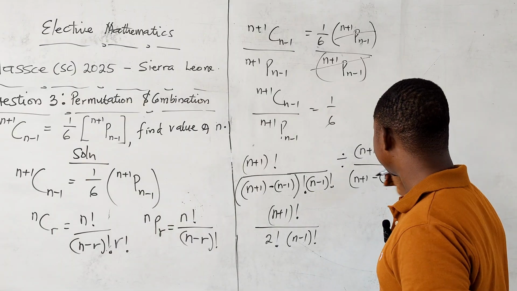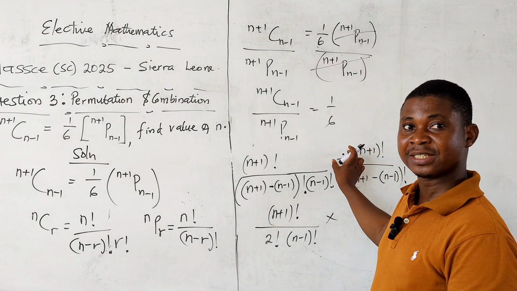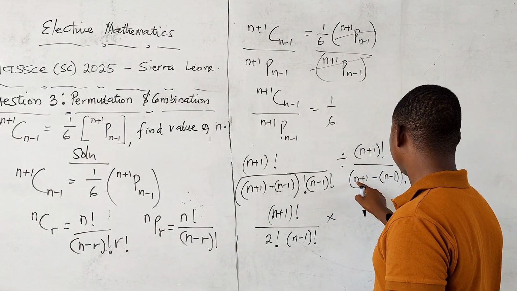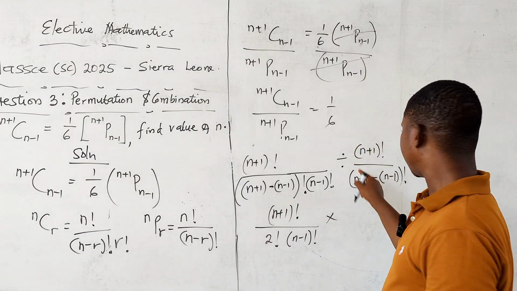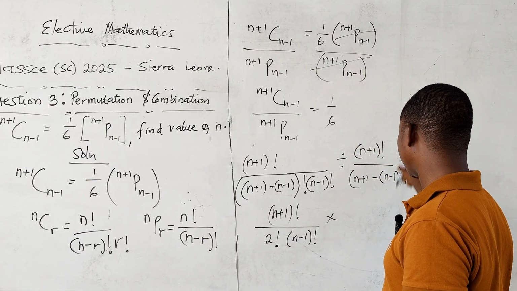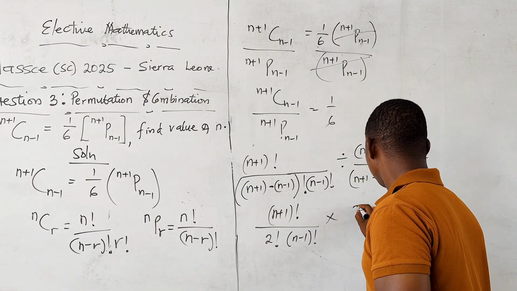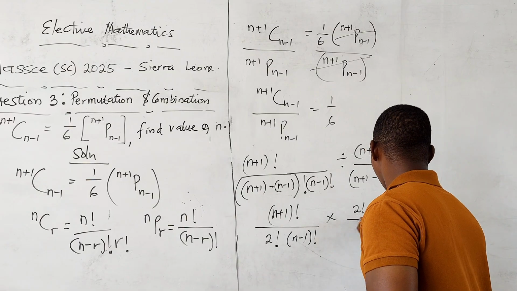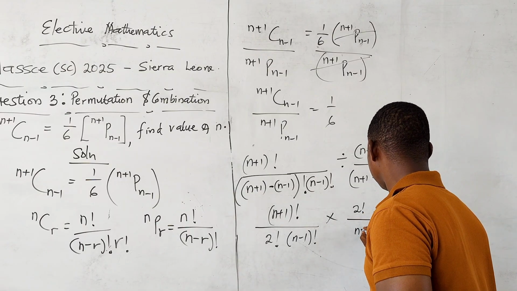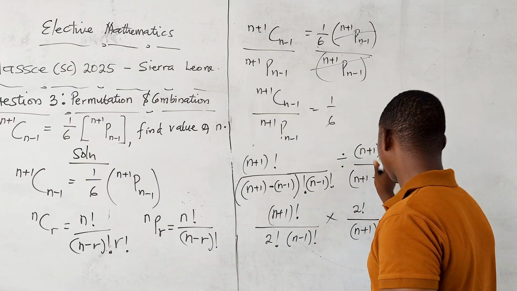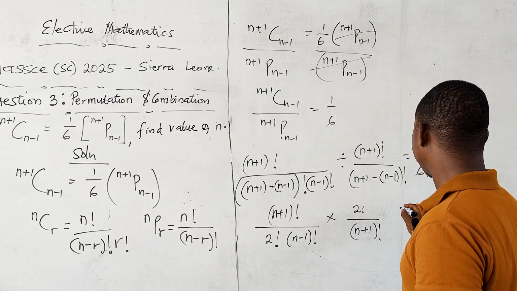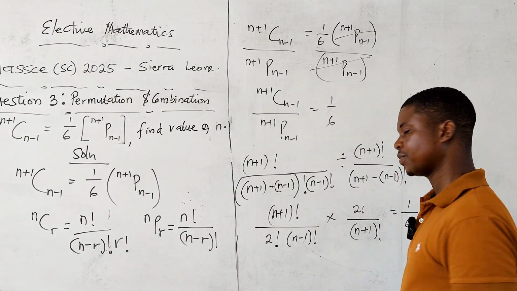Let me even change it here, times, because it is dividing. This one goes up, this and that will give you 0, and this minus will be plus. So 2 factorial all over (n+1) factorial, because this one is coming down, this one is going up, is equal to 1 out of 6.